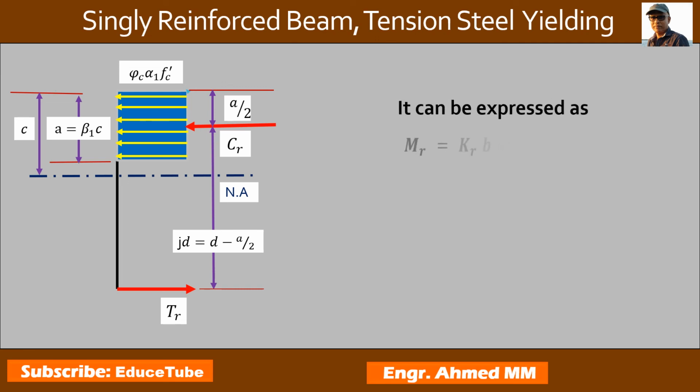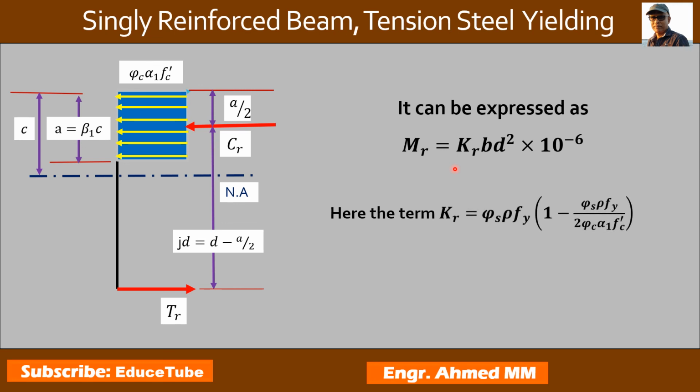As I said, Mr equals Kr bd squared. Kr means this full part we already know, and we are putting it as the term Kr. So we can write our equation in short form as this one.